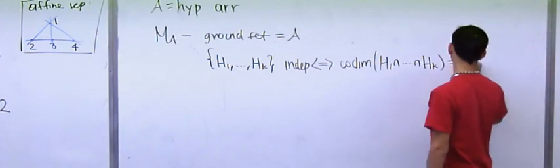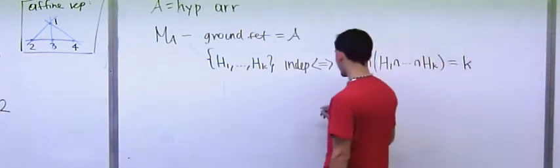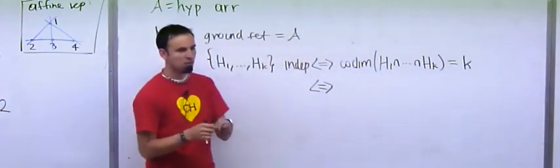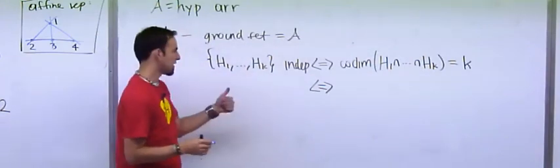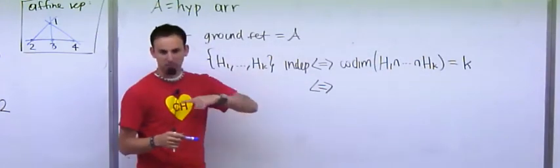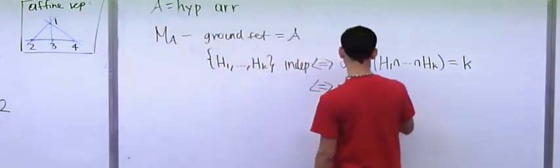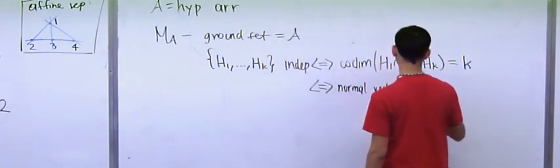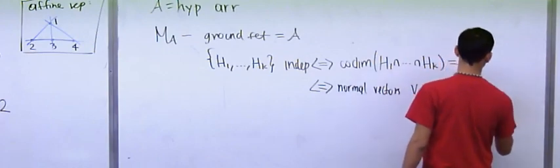So when you intersect k of them, you should get codimension k. And we said that was equivalent to saying each hyperplane has a normal vector. And we just said that independence of the hyperplanes is equivalent to independence of the vectors. Normal vectors v1 up to vk are linearly independent.